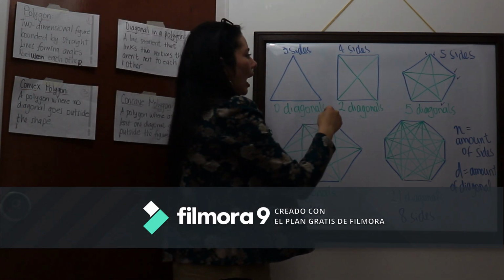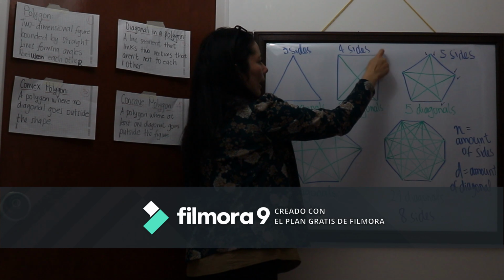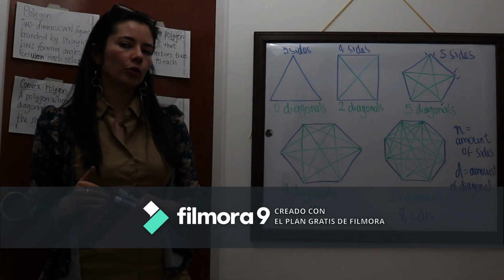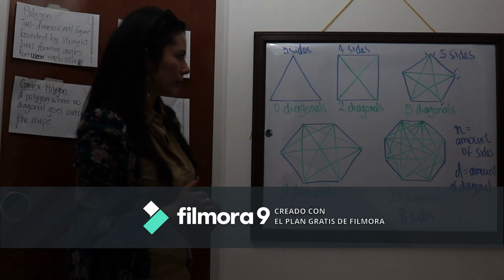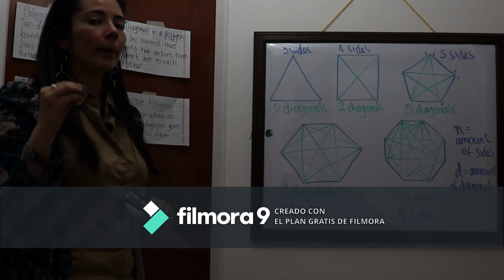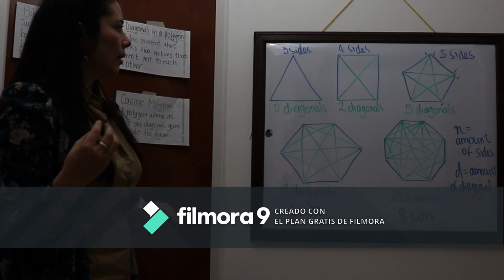But then I know I have to keep in mind all the vertices in the polygon, which is the same amount as sides the polygon has.